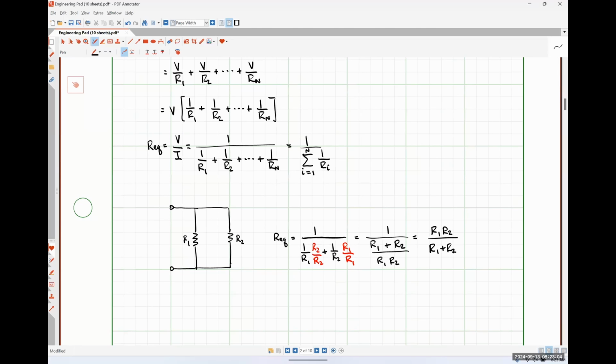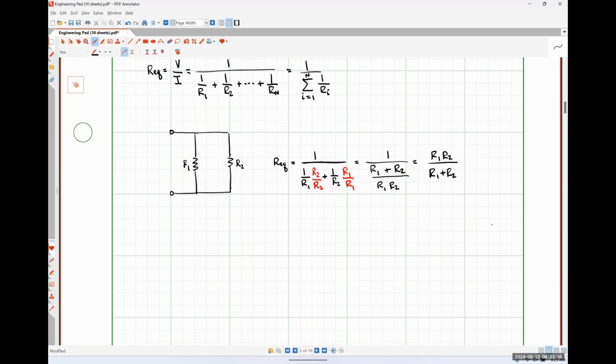So this method technically only works for exactly two resistances in parallel, as it's shown. So let me explain what I mean by that. Okay?